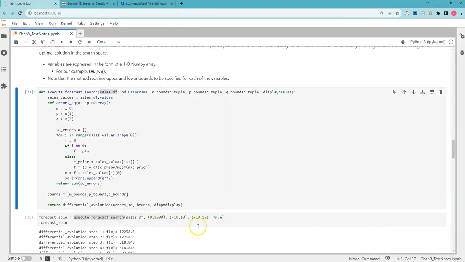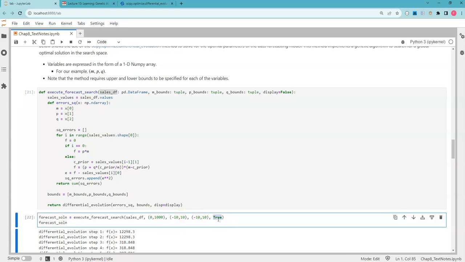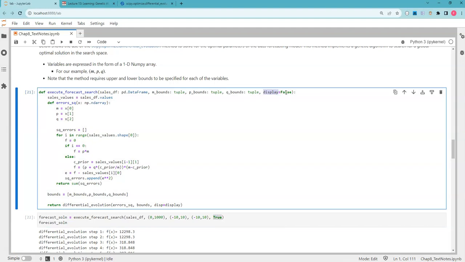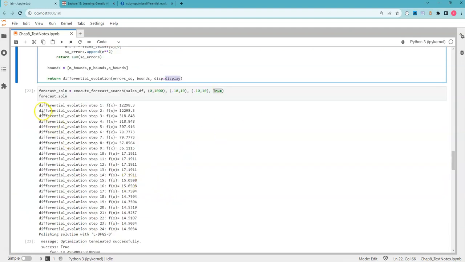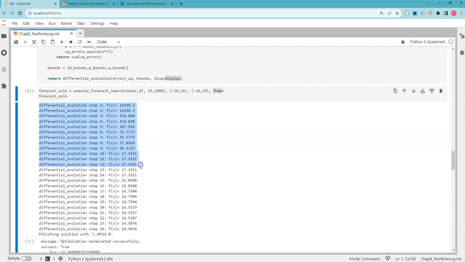And so I'm fairly liberal on my bounds, as you can see. I say M can run from 0 to 1,000, and then I'm specifying the P and the Q values ranging from -10 to 10 in this case. And I've got true for coming into the display optional parameter. That just comes down here, and I believe if you read the documentation, that's just going to have it spit out these intermediate values as the genetic algorithm goes through its process.